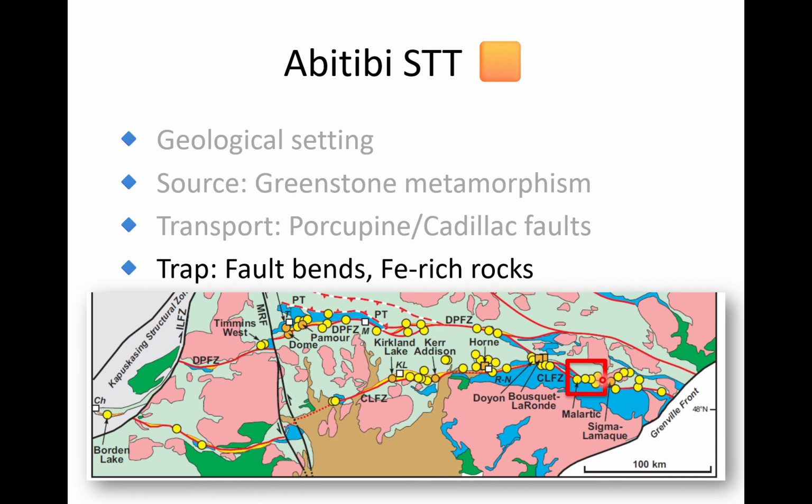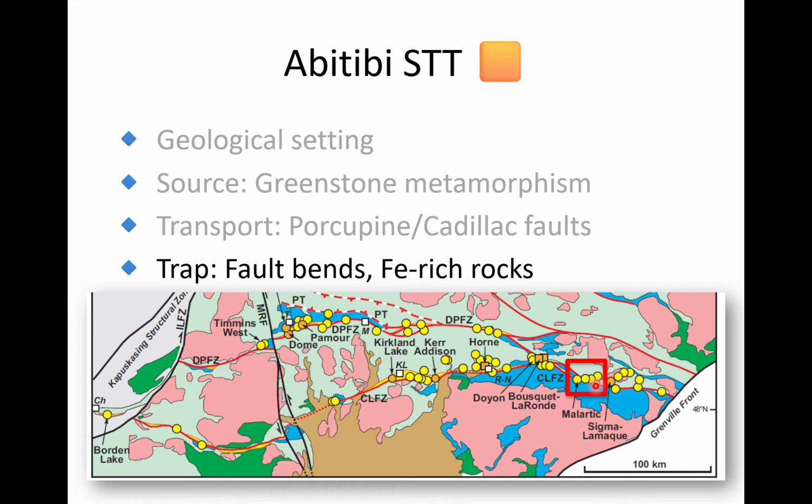In the Malartic area, which has a more disseminated bulk tonnage style deposit, the trap was largely a chemical precipitation in a porous metasedimentary rock, likely by cooling and fluid mixing in a relatively permeable greywacke conglomerate unit.